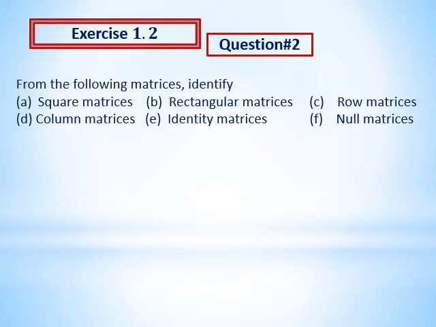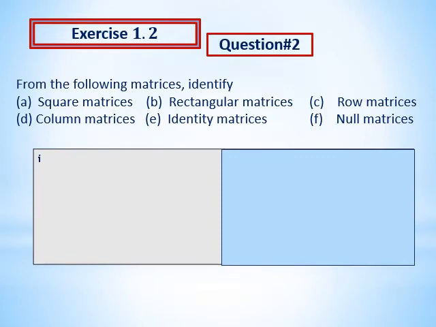Question number 2. From the following matrices, identify square matrices, rectangular matrices, row matrices, column matrices, identity matrices, and null matrices. Matrices are given, and we are going to identify what type each is.